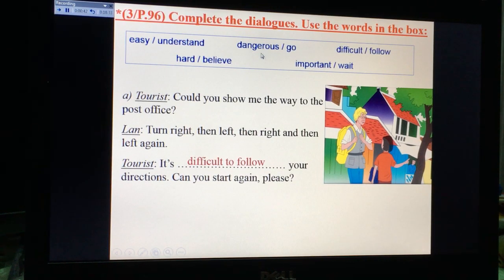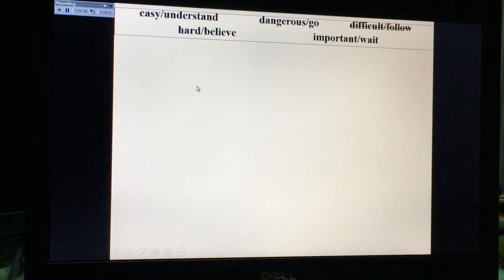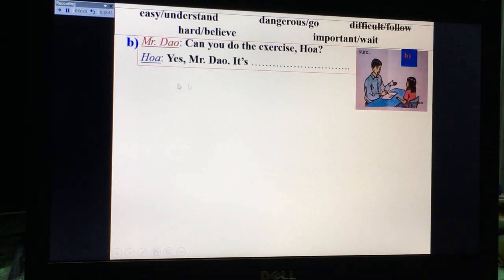Now here are the adjectives and the verbs in the box. I want you to use them to fill in the conversations below. Now Mr. Dao and Hoa. Can you do the exercise, Hoa? Yes, Mr. Dao. So you can choose easy, understand, dangerous, to go, hard, believe, important, wait.